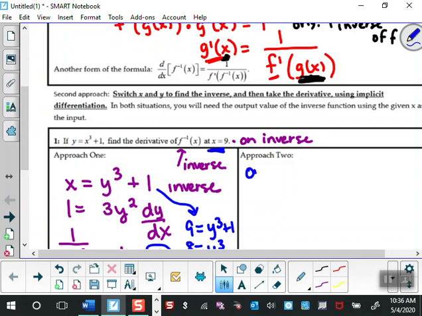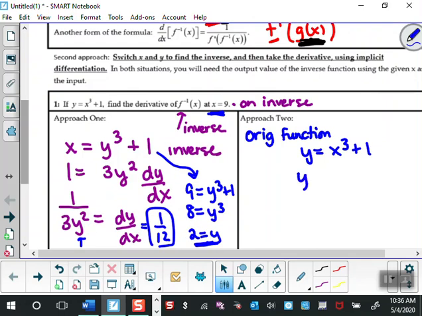Another way to look at this is original function y equals x cubed plus 1. Original derivative 3x squared. So my inverse derivative is going to be 1 over 3y squared.